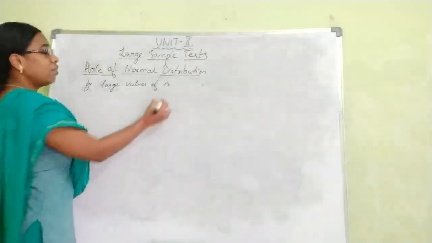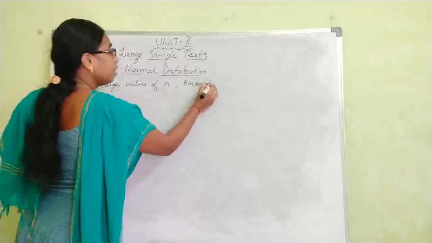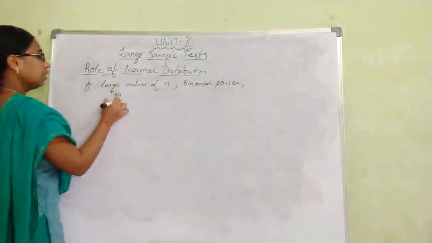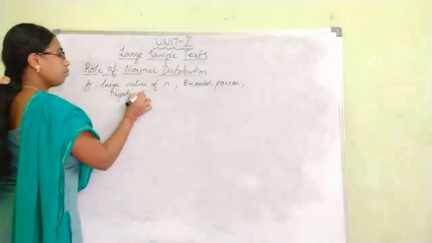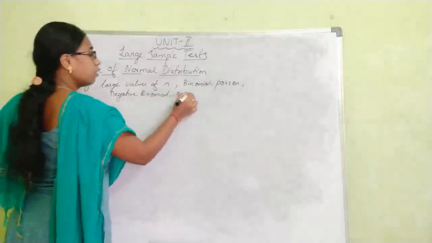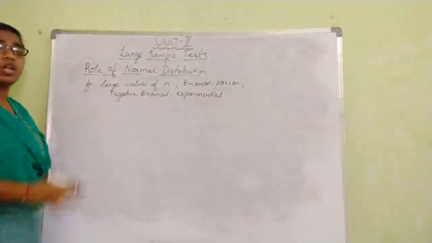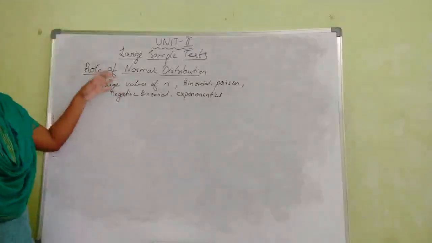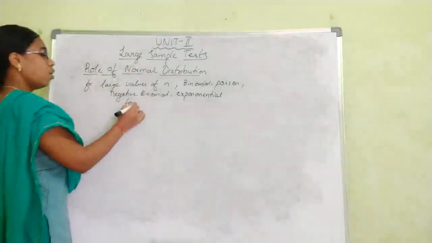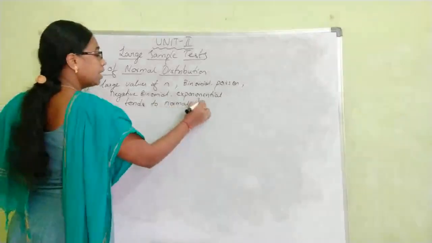For larger values of n, the different distributions, that is binomial, Poisson, negative binomial, and the exponential, all these distributions tend to the normal distribution.